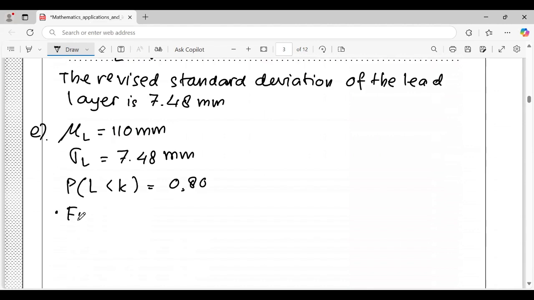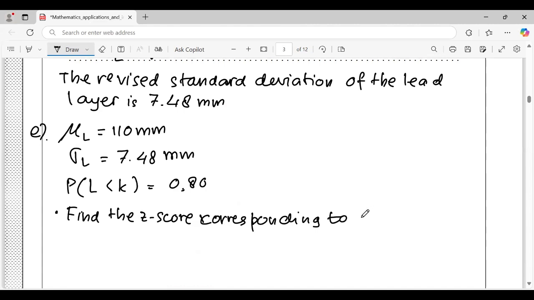Next, we are going to find the z-score corresponding to a cumulative probability of 0.80.